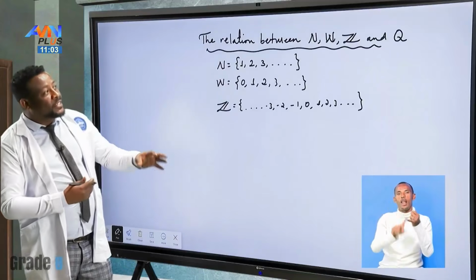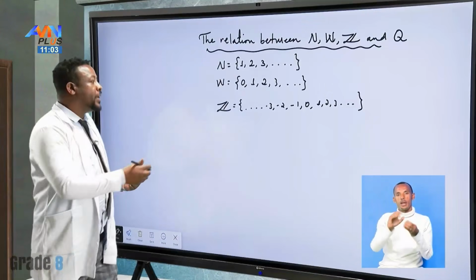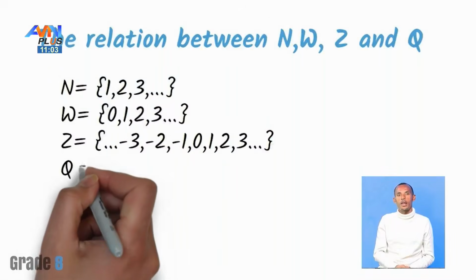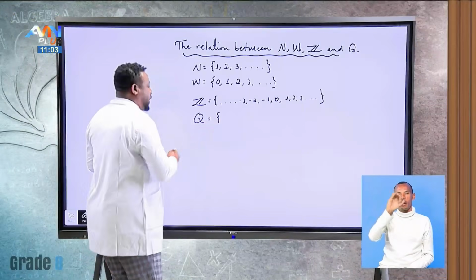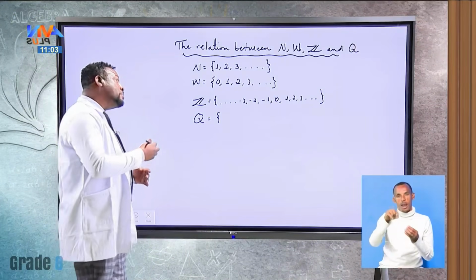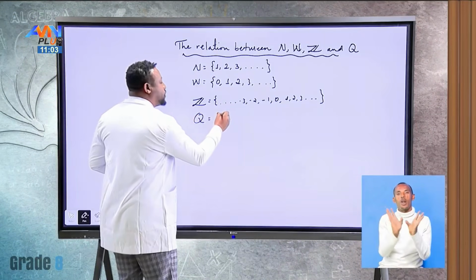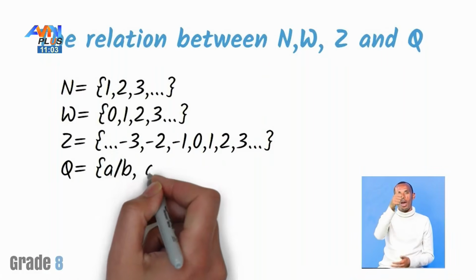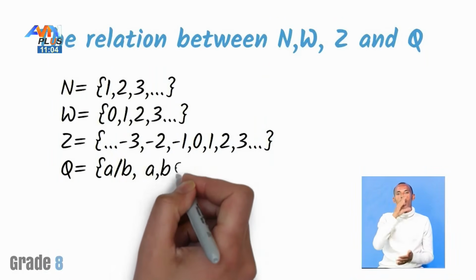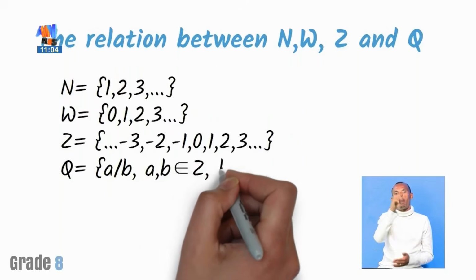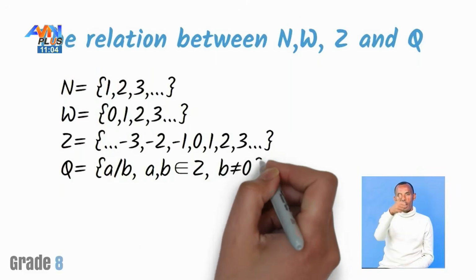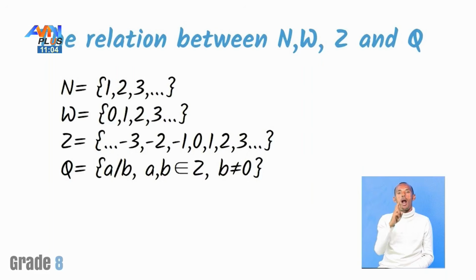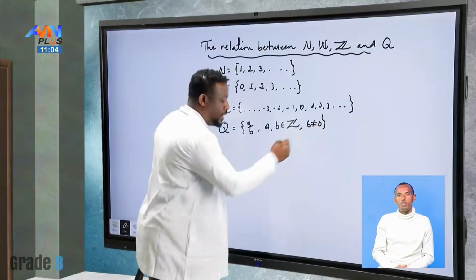The last set of numbers that we have here is the rational numbers. The set of rational numbers is a collection of numbers having the form A over B, where A and B are elements of integers, right? And B should be different from 0, okay?